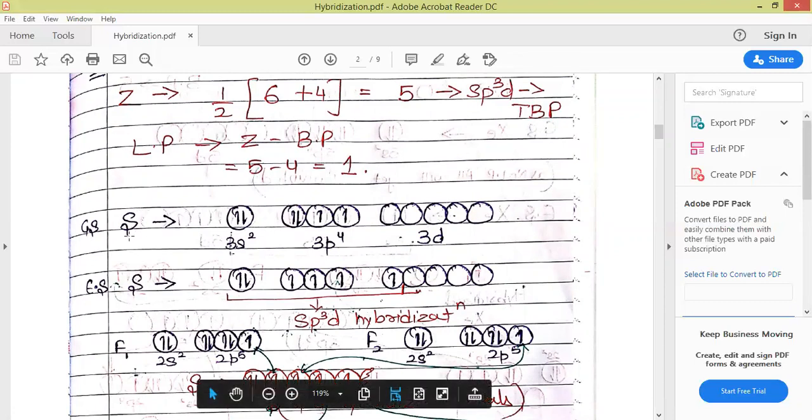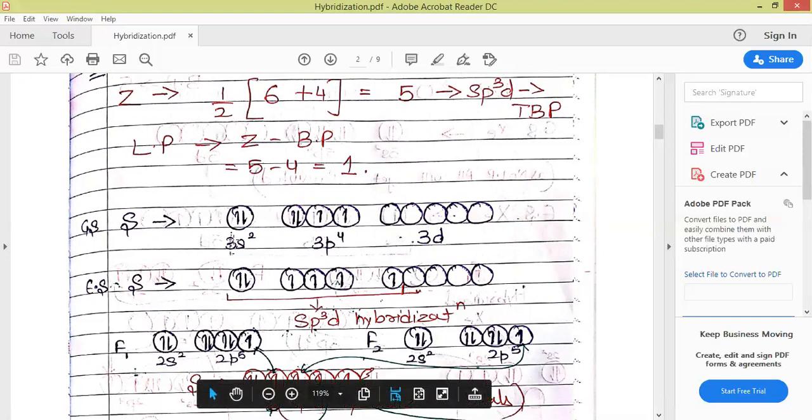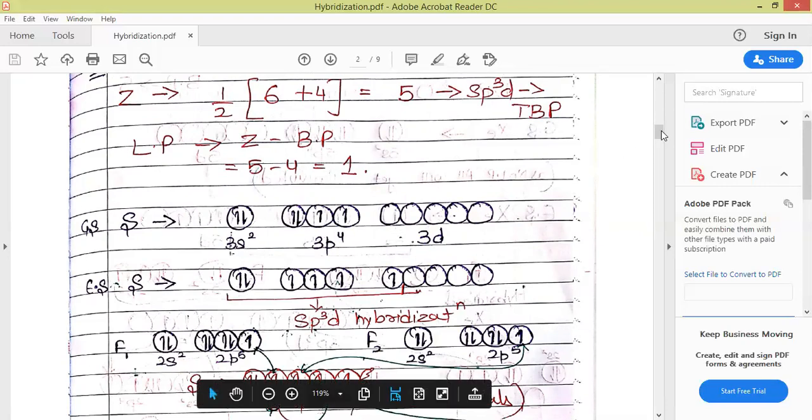So there will be a rearrangement of electrons, which is represented as the excited state of sulfur. And also we need 1 lone pair. So 3s2 will remain like this, and the electrons which are paired in the p orbital will get promoted to one of the 3d orbitals, and these 5 orbitals will undergo hybridization, as we have predicted from the Z value, to produce 5 sp3d hybridized orbitals.